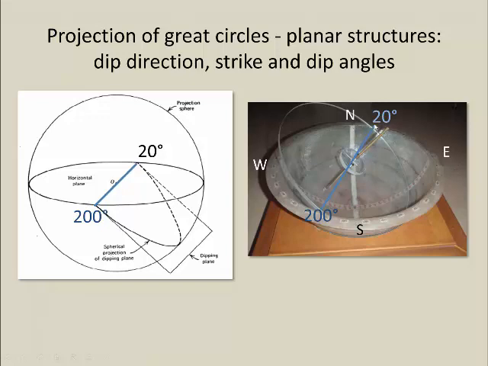That means one end of the strike line is 20 degrees. Accordingly, the other end of the strike line is 200 degrees. Now clearly this surface here is inclined towards the east or east-southeast and not here to the west-northwest.